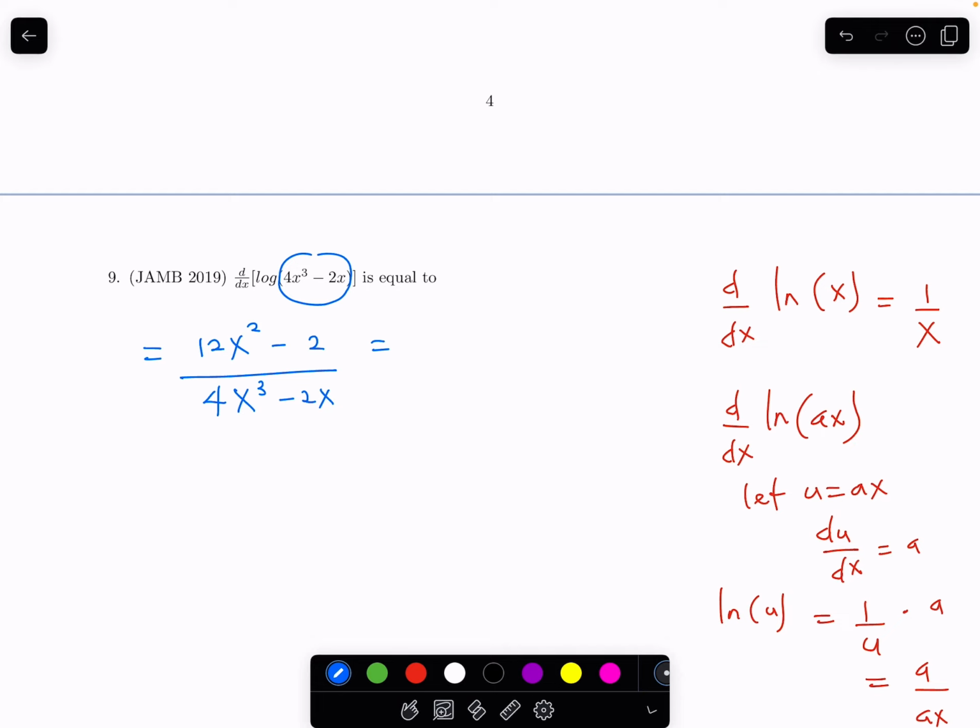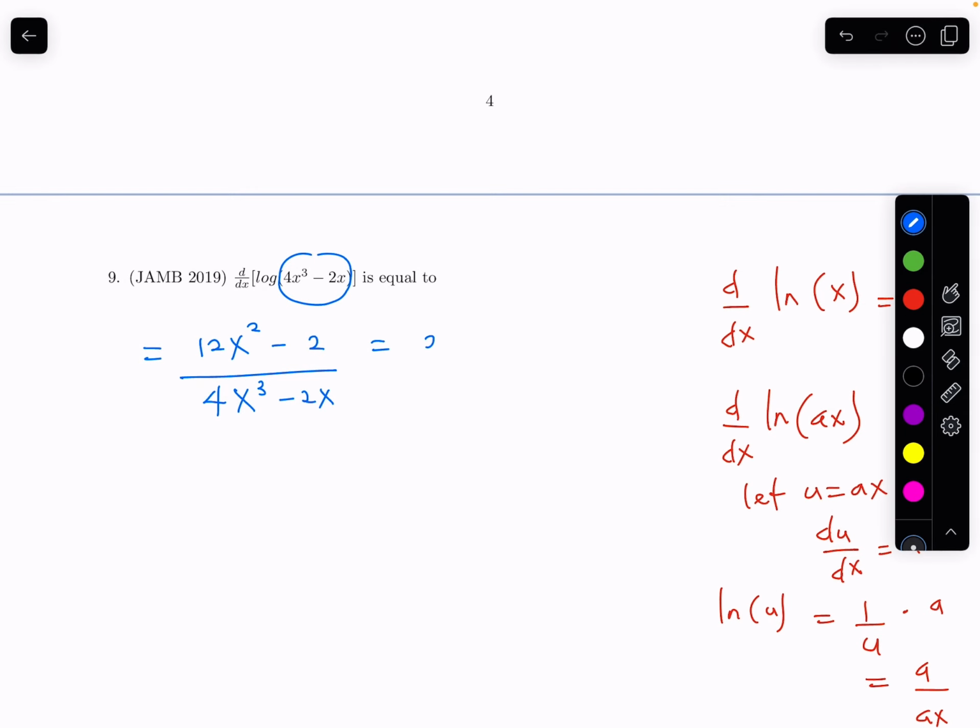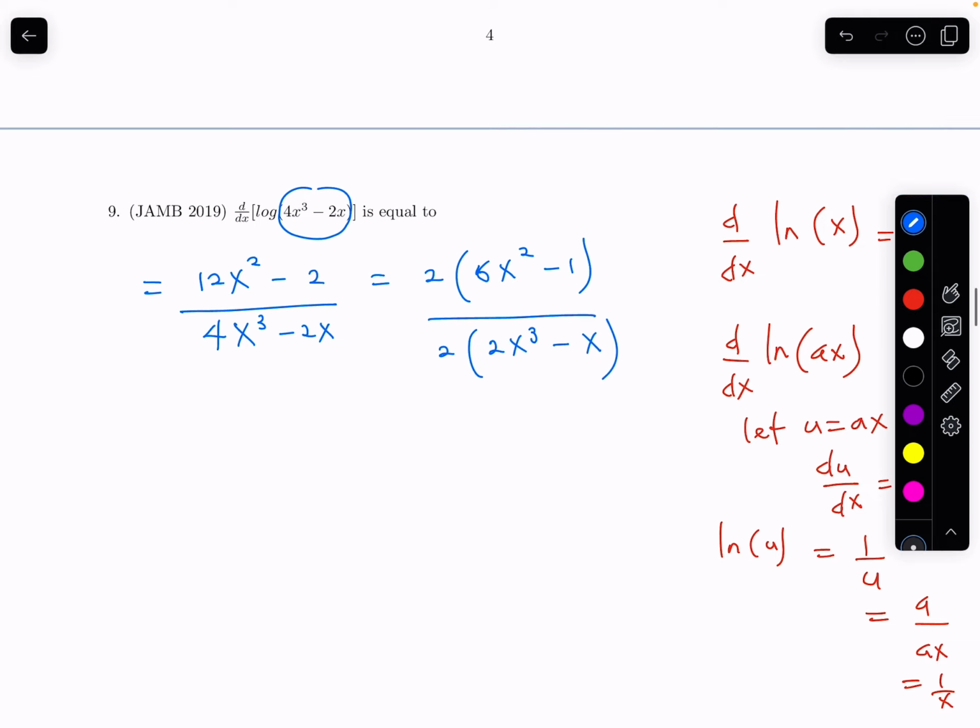I can factor out 2 in the numerator, so I have 6x squared minus 1, over, factoring out 2 in the denominator, 2x cubed minus x. This is just going to be 6x squared minus 1 divided by 2x cubed minus x.